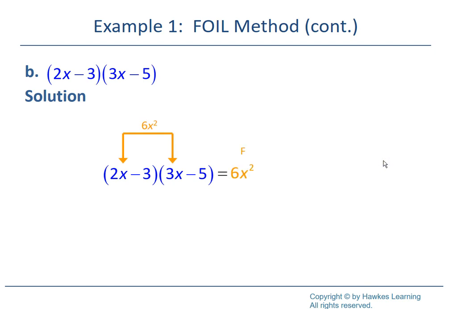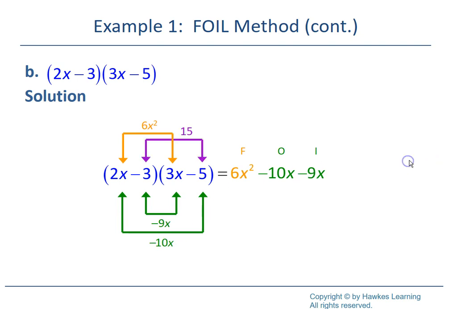First, there's your 6x squared. Outers, negative 10x. Inners, I really like the way they're showing this, a negative 9x. And notice what they're doing here. They're putting the like terms vertically. And then your last, a 15. And notice, thinking of this mentally, this is going to add up to a negative 19x as you combine like terms.